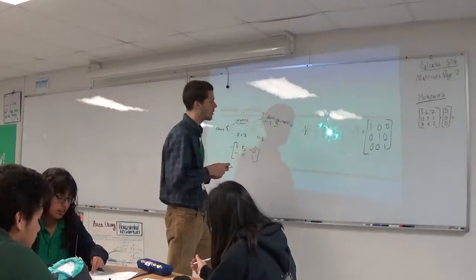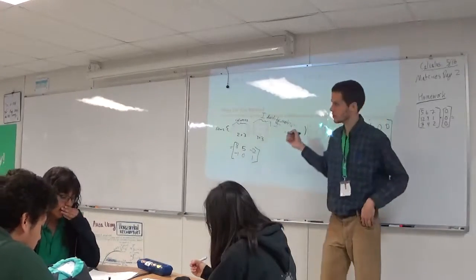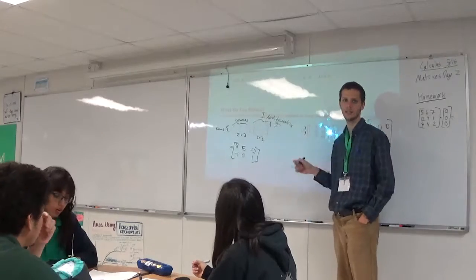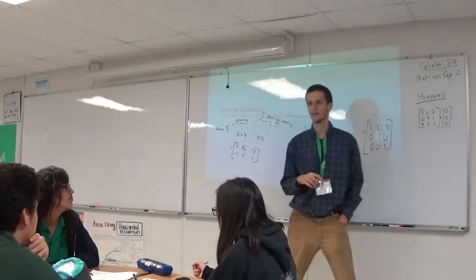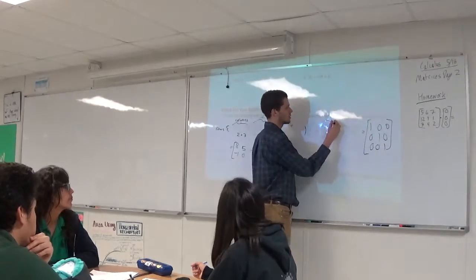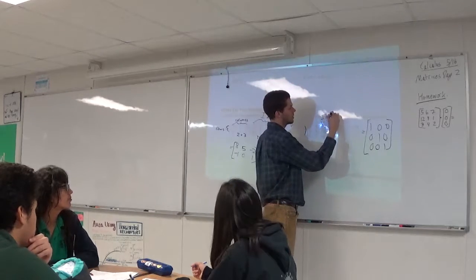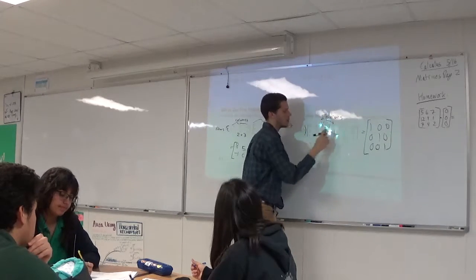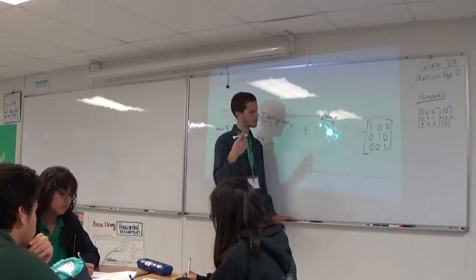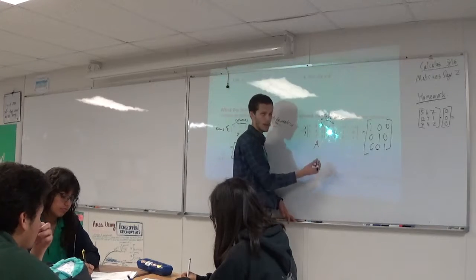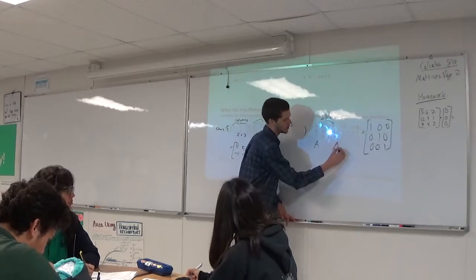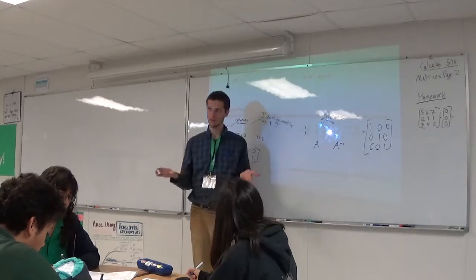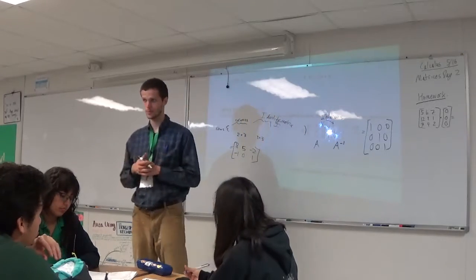Identity. Right, and what we just found is these two matrices, when they multiply to the identity, are inverses. The way we write that, if this is matrix A inverse, it's just like how we were writing function inverses.